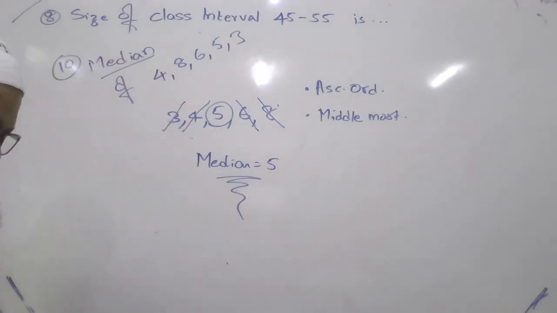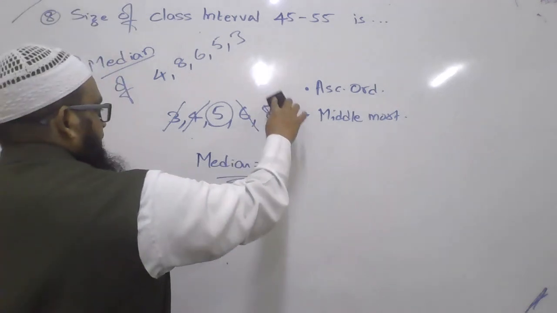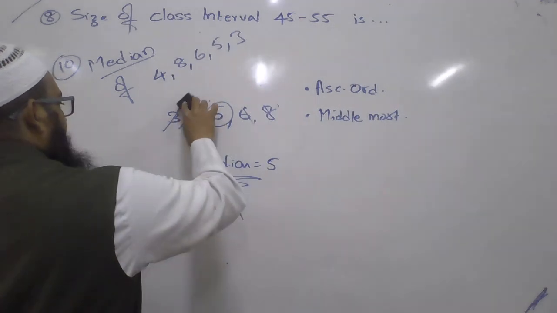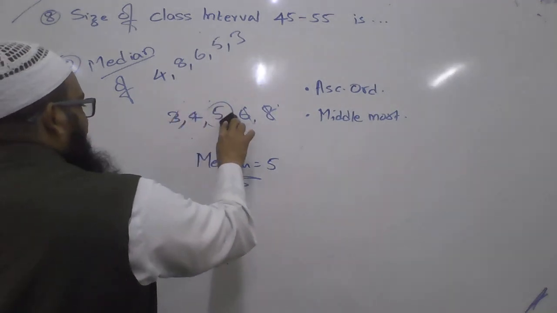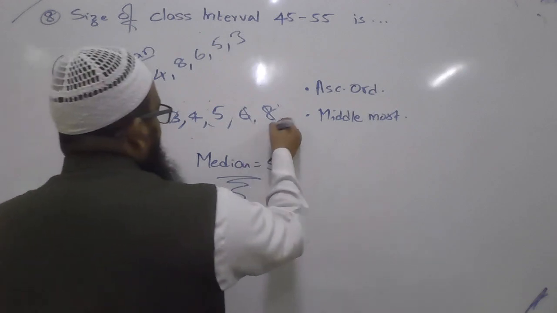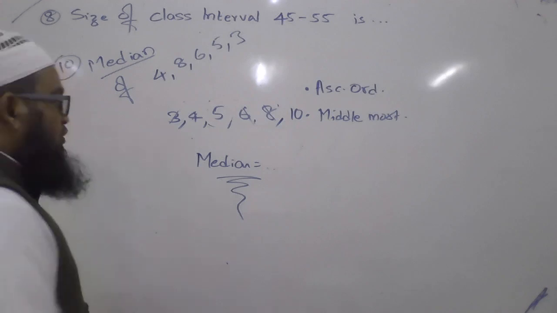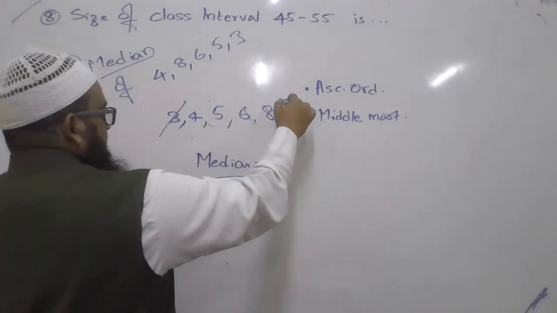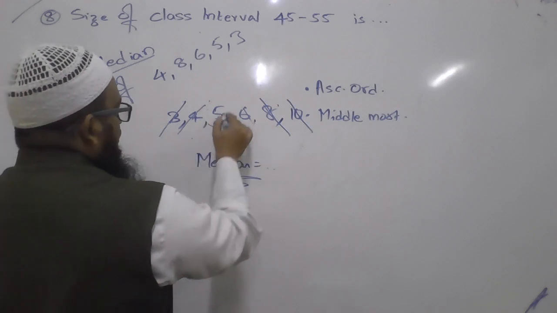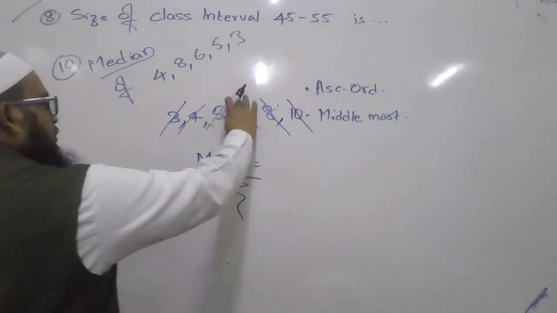Understood? Now, sir, you may get a doubt. Whenever you have an odd number of data, you will get the middle term exactly. If I say, for example, there is one more data, 10. So how to find out? First and last, second and second last. Now if I cancel out these two, nothing is left out. So what to do?